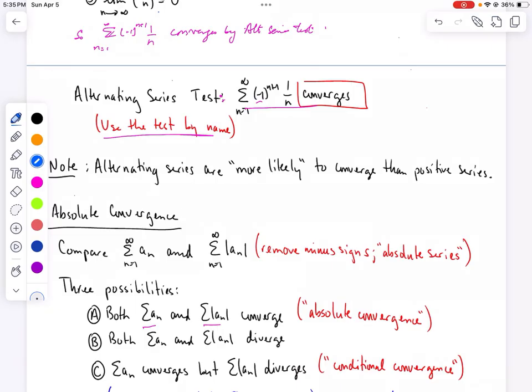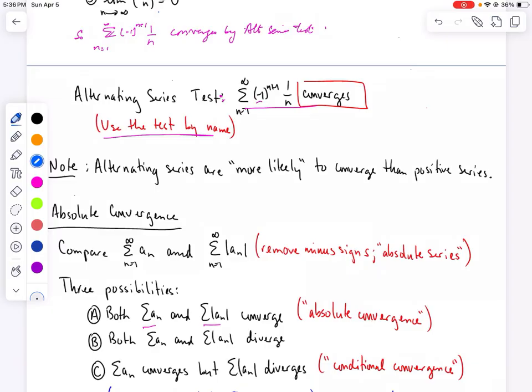So, an alternating series, or a series with some negative and some positive terms, has the option to be absolutely convergent or conditionally convergent. What do we mean by that?